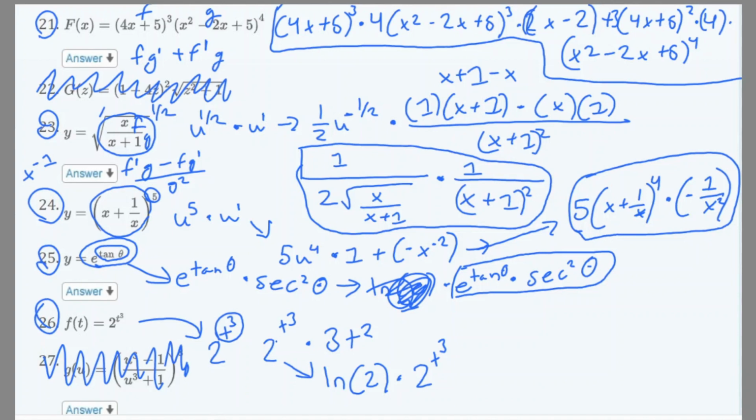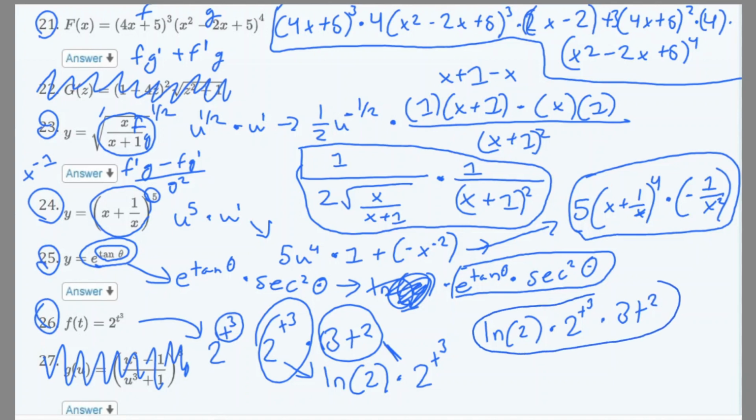So that's the derivative of this part right here. And we found the derivative of the inside, which is this right here. So we put both of these together. We would have ln 2 multiplied by 2 to the t to the third power multiplied by 3t squared. That would be your final answer.